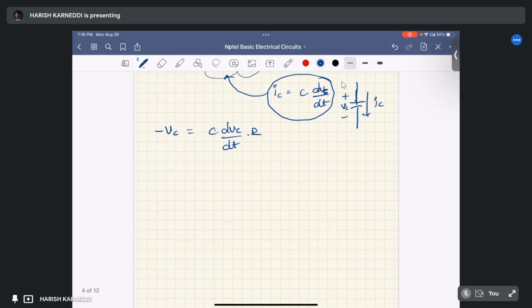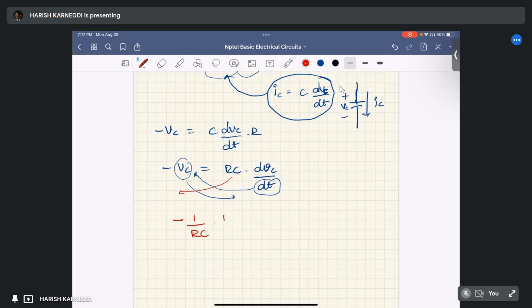So minus VC equal to RC into dVC by dt. We are just moving this dt to this side and this VC to this side and this RC to this side. So we are just rearranging these terms and we can land up with this equation, right?